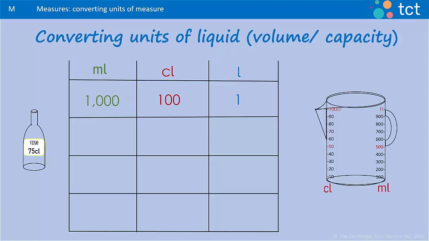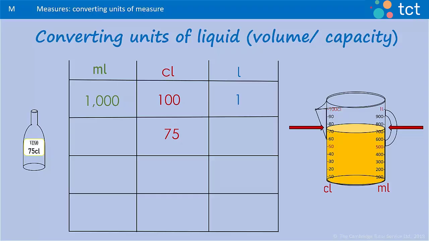In this jug here, we have millilitres on one side up to a litre and centilitres on the other side up to a litre. If we put 75 centilitres of orange juice in that jug, you can see that the 75 centilitres is the same as 750 millilitres.